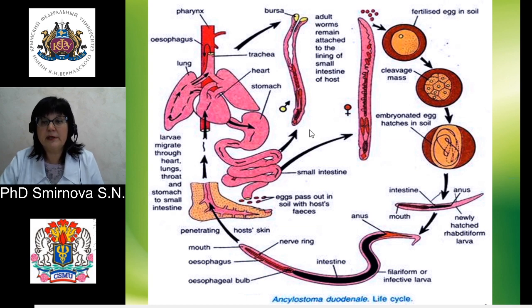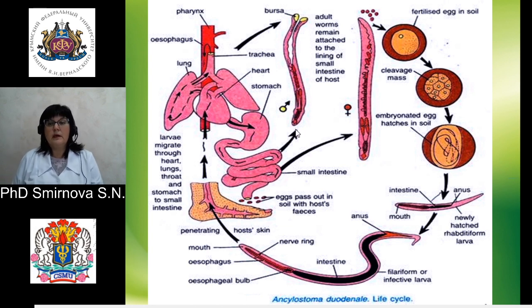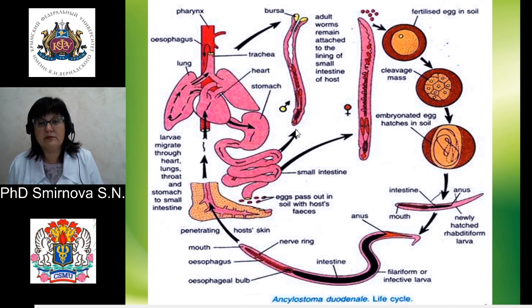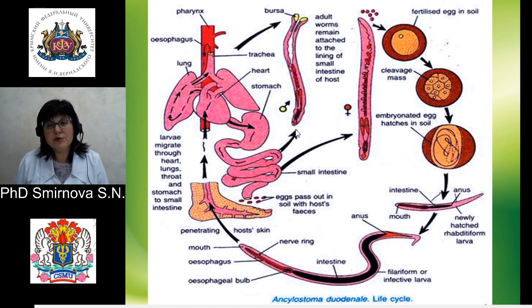When I gave you information about Ascaris lumbricoides, I told you the larva of Ascaris lumbricoides migrates in the human body from the small intestine to the liver, then the lung, and develops in the lung during 3 weeks because it needs to change larval stages. Ascaris lumbricoides larva moves to the lung at the rhabditiform larva stage.